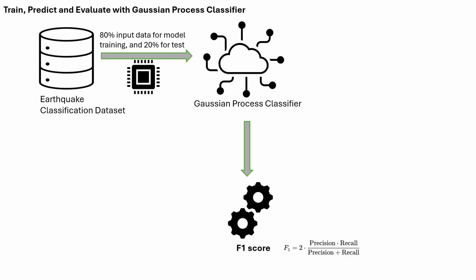A higher F1 score indicates better overall classification, capturing both accuracy and reliability. Through this experiment, we see that GPC can deliver consistent, interpretable results, even with a relatively small dataset.